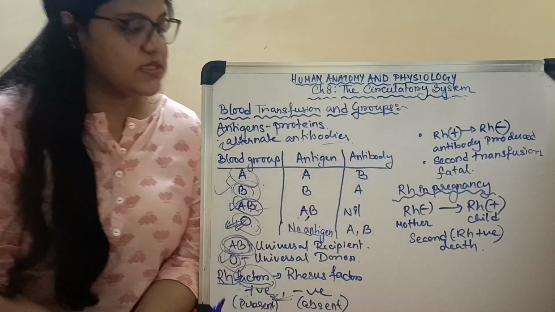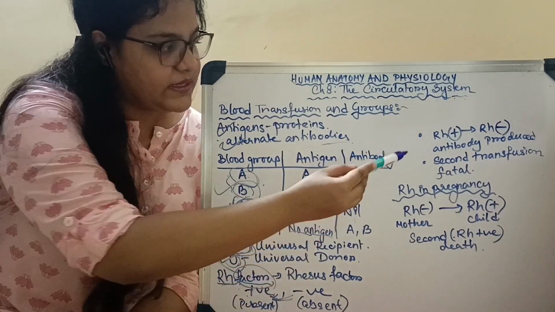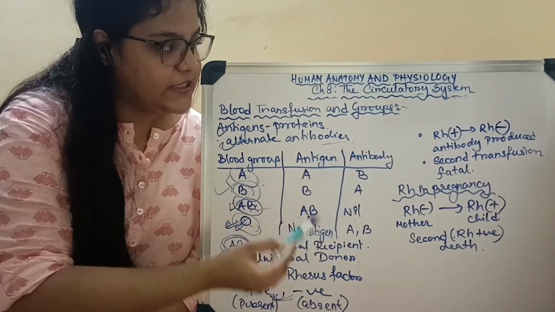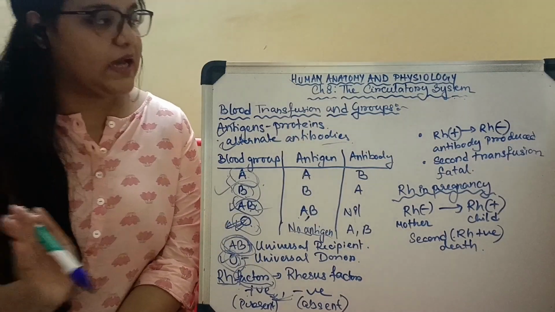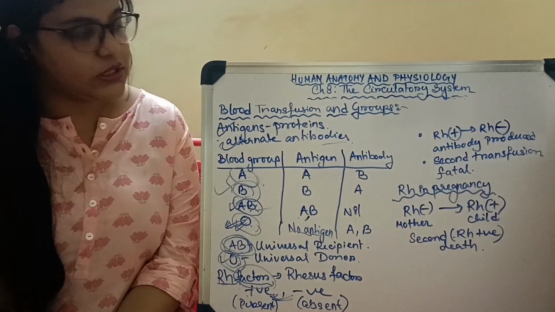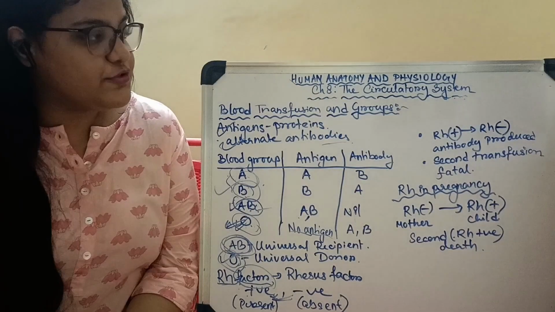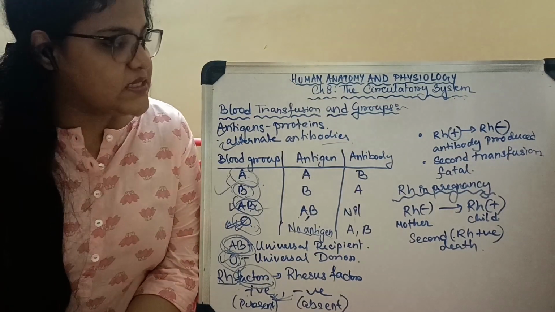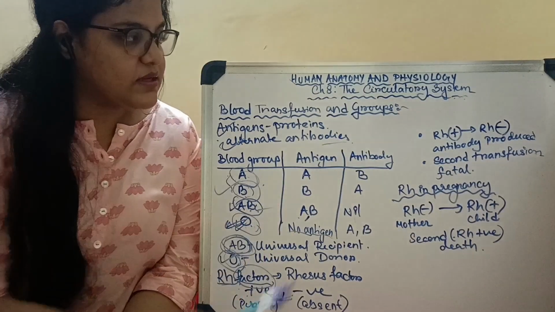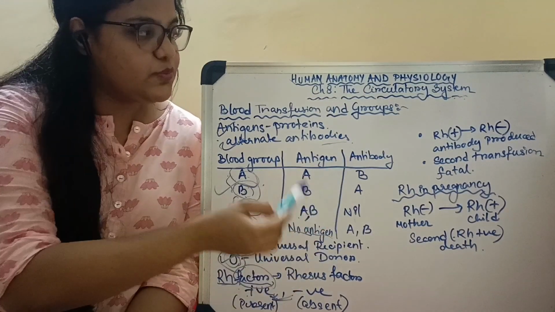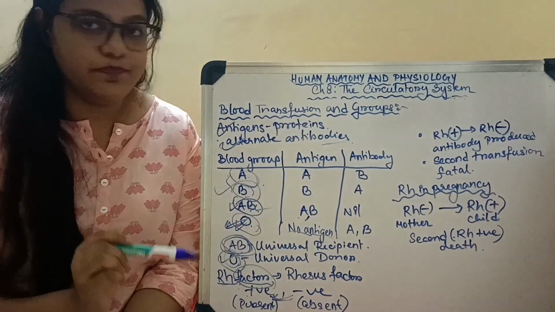Now what happens in rare cases, like if Rh positive is donated to Rh negative. No, first of all, let us know that Rh positive can donate to Rh positive only and Rh negative can be donated to Rh negative only. So what happens here is that if Rh positive blood is introduced into some person who has Rh negative blood, antibodies against Rh positive blood are produced in the body of the Rh negative person, right?